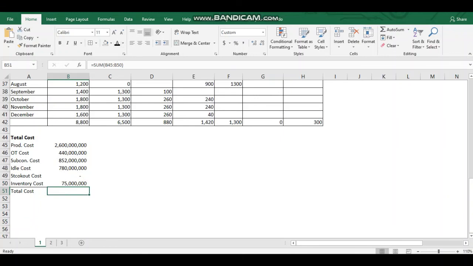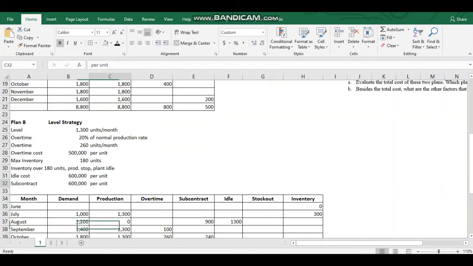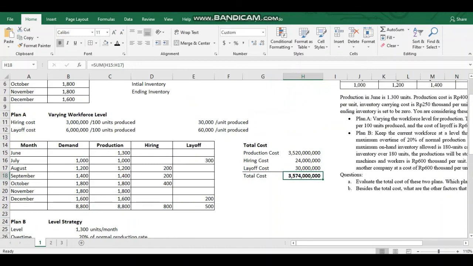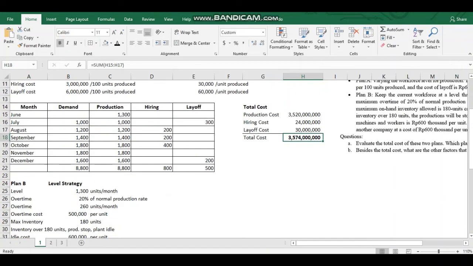more than 4 billion. And to choose which strategy we will choose is by comparing the total cost of the level strategy, or plan B, compared to the total cost of plan A. So based on our calculation, the strategy which has the lowest total cost is plan A, right?